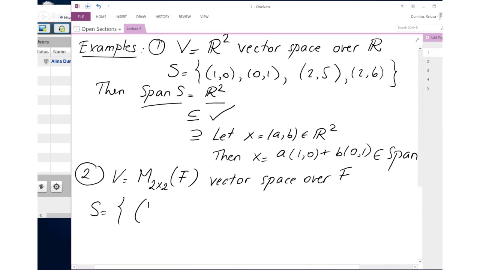Like this. Yeah. (1, 0, 0, 1). The other diagonal. Like this. Yeah. Well, let's think about it. Does it work? No. Why not?